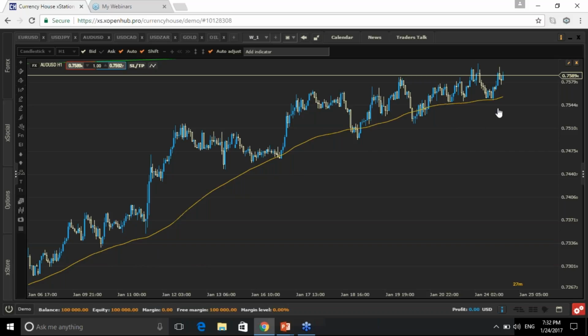You see that? And same here, just several hours ago. So I would recommend you to wait for a pullback down to the simple moving average and buy this pair again.